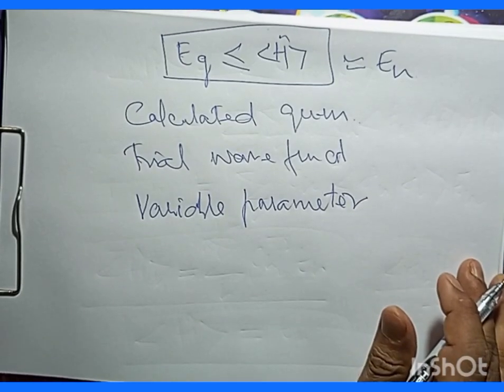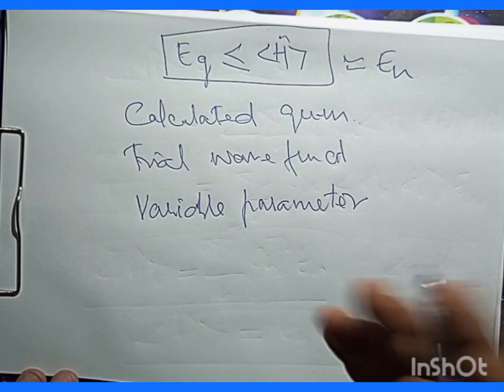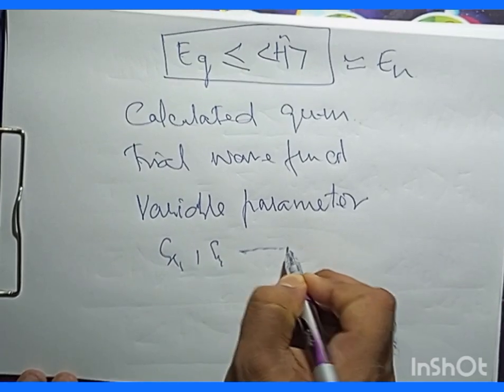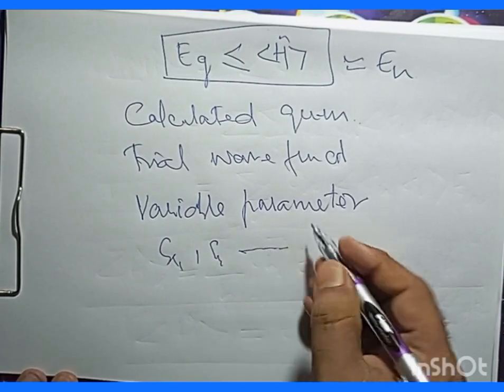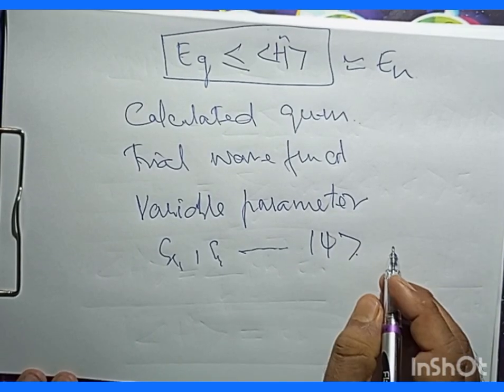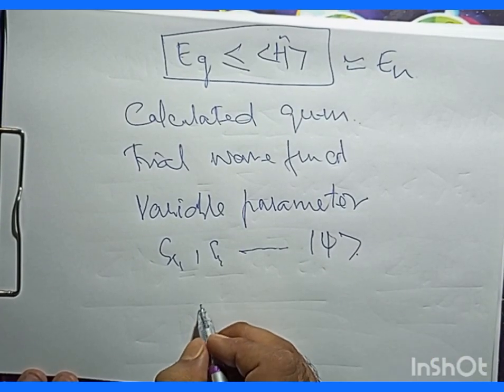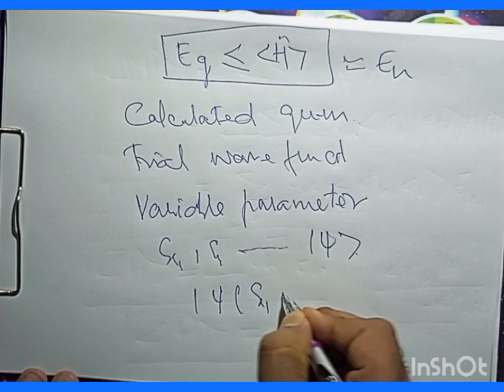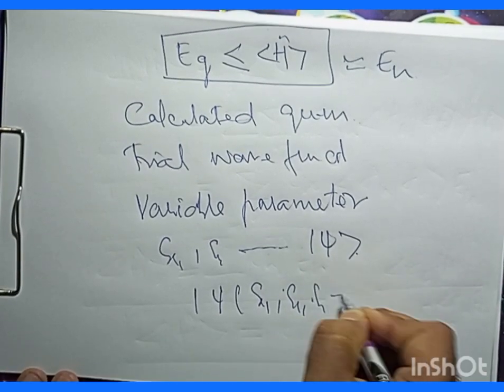And what could be those variable parameters? It could be anything, say zeta 1, zeta 2, and so on. And we can have a state vector, say psi, which can be a function of these parameters: zeta 1, zeta 2, zeta 3, and so on.